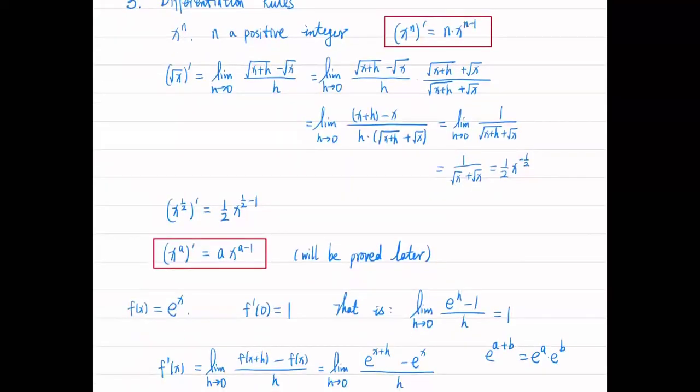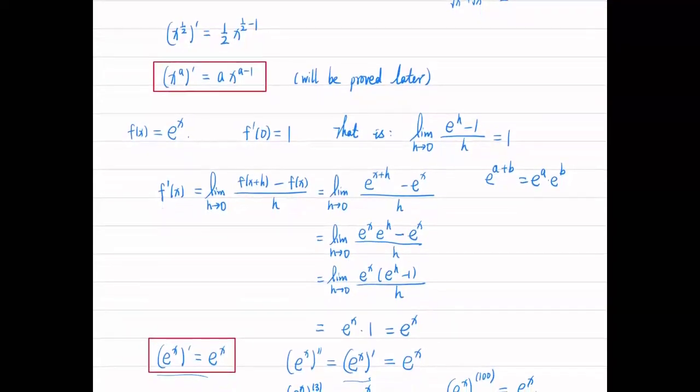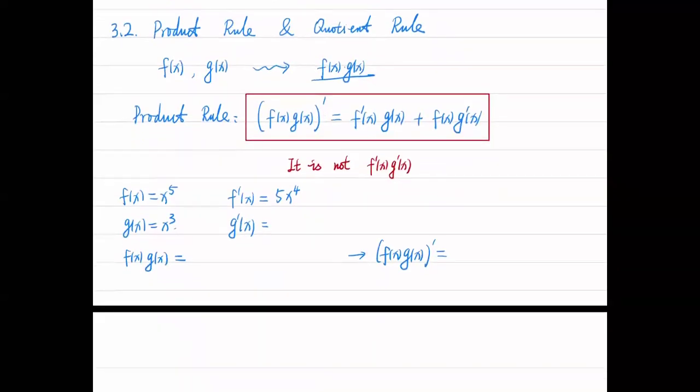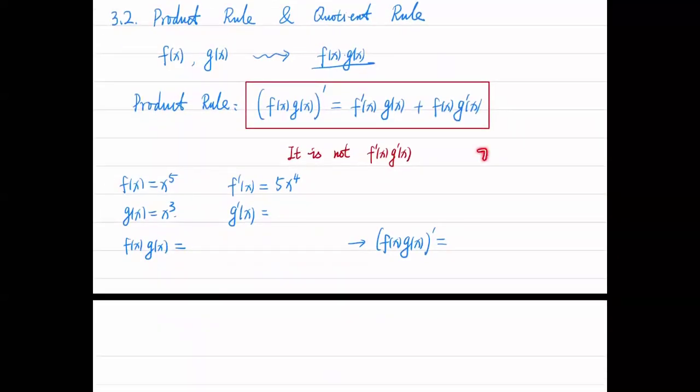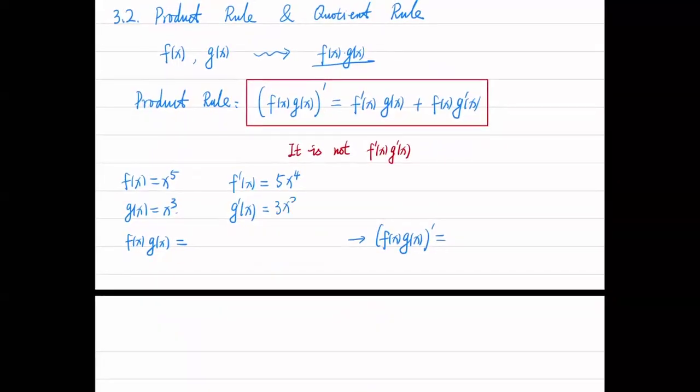So it'll be 3x squared. And Sakina, what's the product of the two functions?